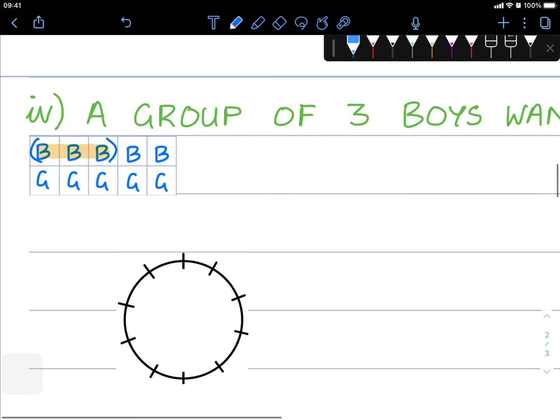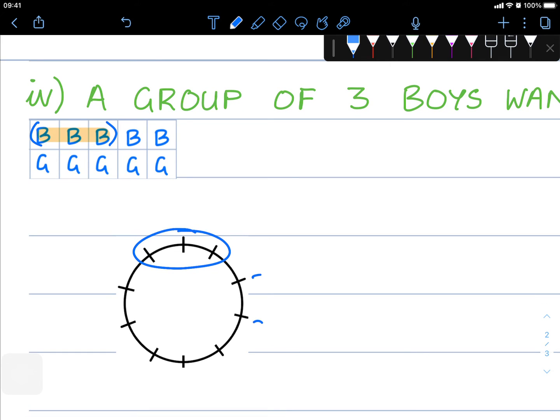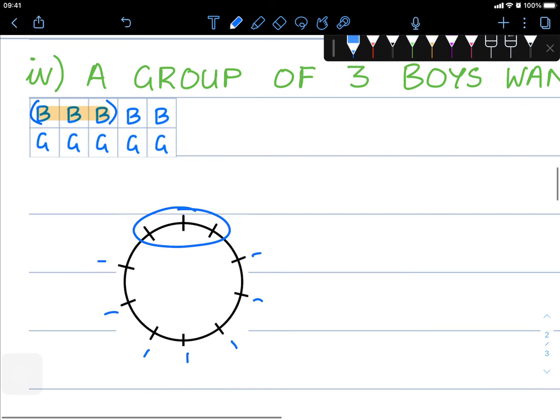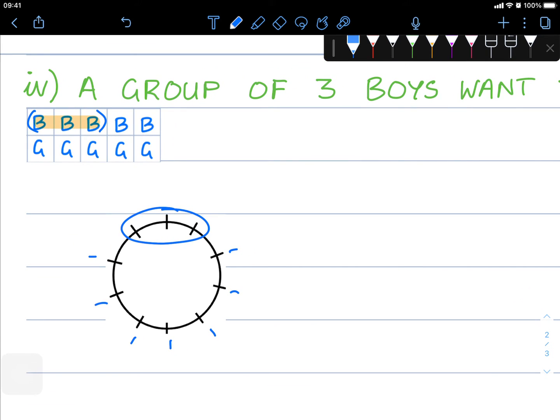And how we'll think of this is that these 3 seats count as one, so that's 1, 2, 3, 4, 5, 6, 7, and 8. If there are 8 objects in a circular arrangement, that's 7 factorial ways to arrange 8 objects in a circle. But amongst themselves, you can switch them around.